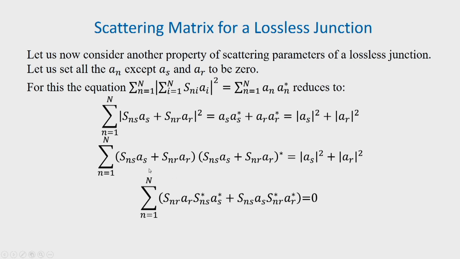Making this simplification, from this expression we get a relation of this form: summation of 1 to n of S n r A r S n s conjugate A s conjugate plus S n s A s S n r conjugate A r conjugate is equal to 0.